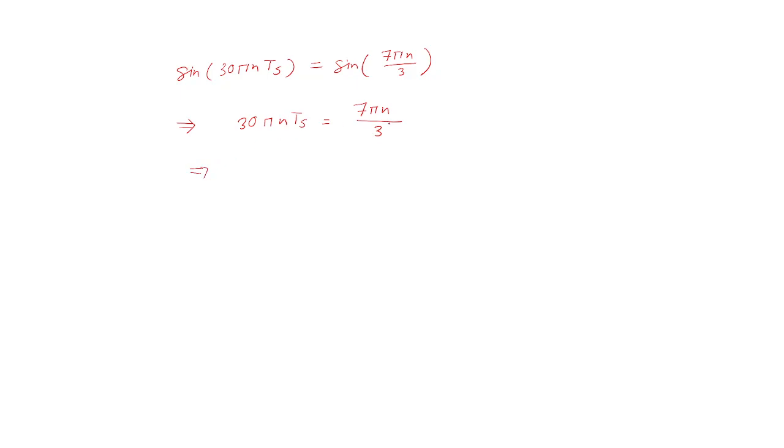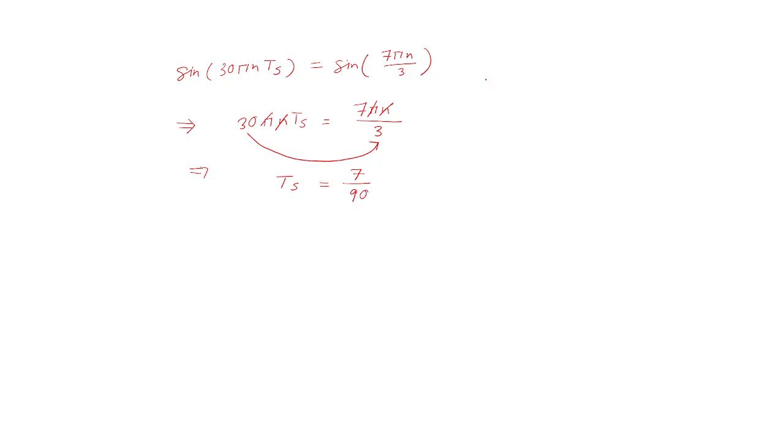Like before, you can see n is common, so we can remove them. Pi is common, we are removing them. We are moving this 30 here, so we get the value of ts as 7 over 90.